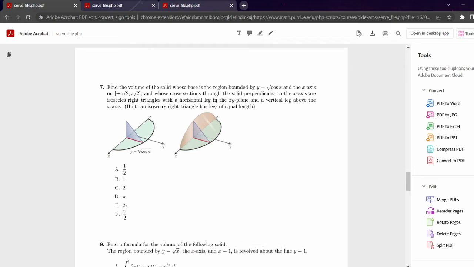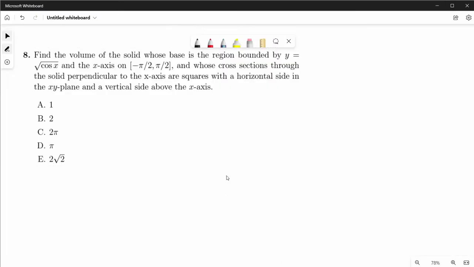So being like an isosceles triangle, it would be squares. But we can look at the graph, right? So just imagine this is sort of a triangle here. It's just a square, and this is the graph that we need, the square root of cosine graph. Right. So first, let's graph this. So the cosine looked something like this.